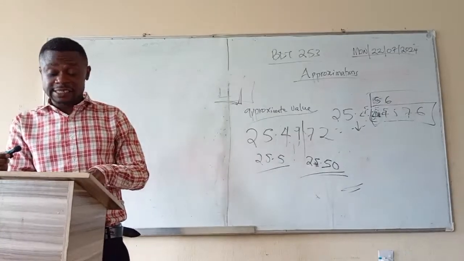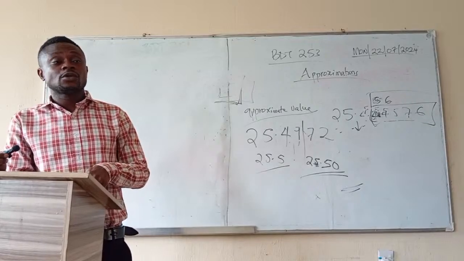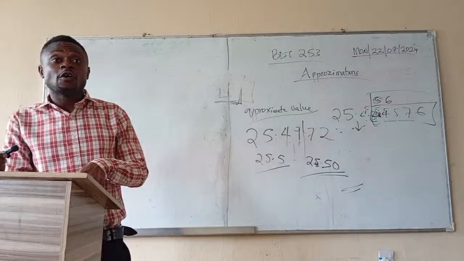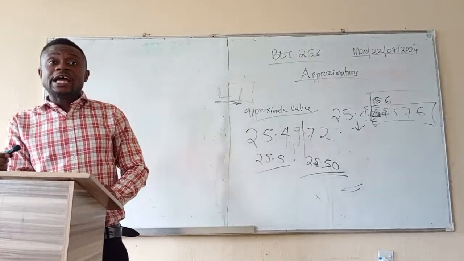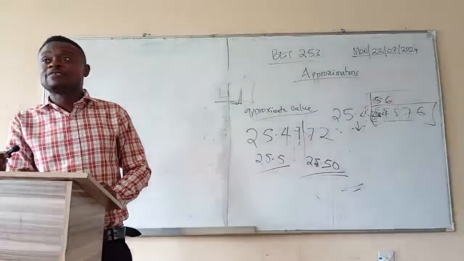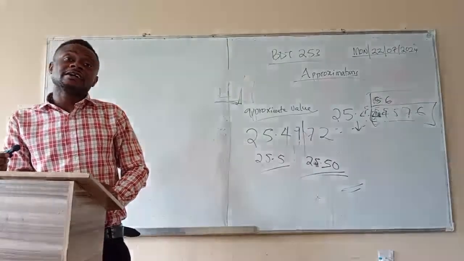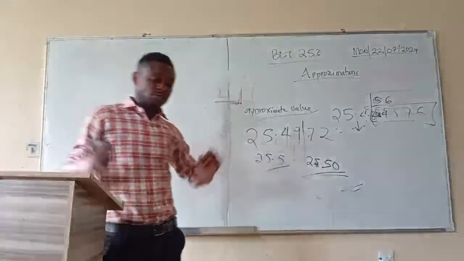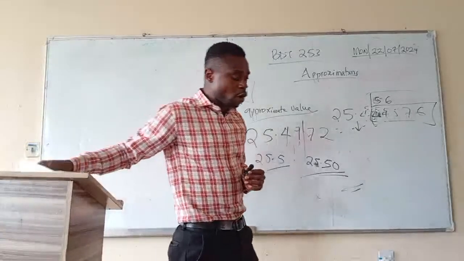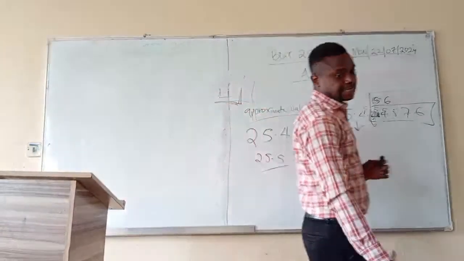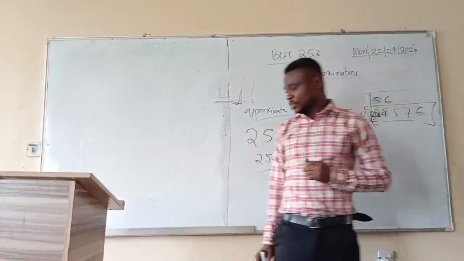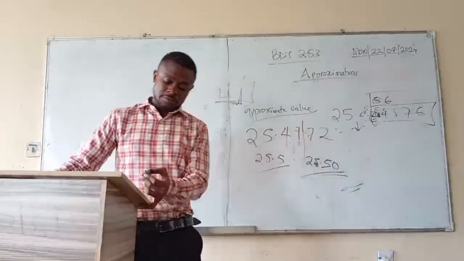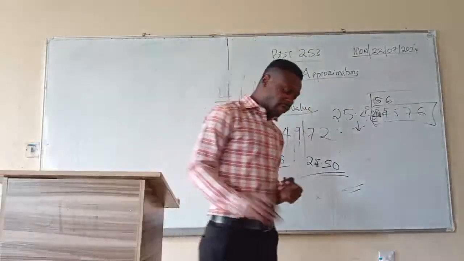These four processes, any of them you want to do, must involve either rounding up or rounding down, and you end up generating an approximate value. We have been talking about decimal places here, so I don't think that one is an issue again for us. We'll be discussing decimal places.